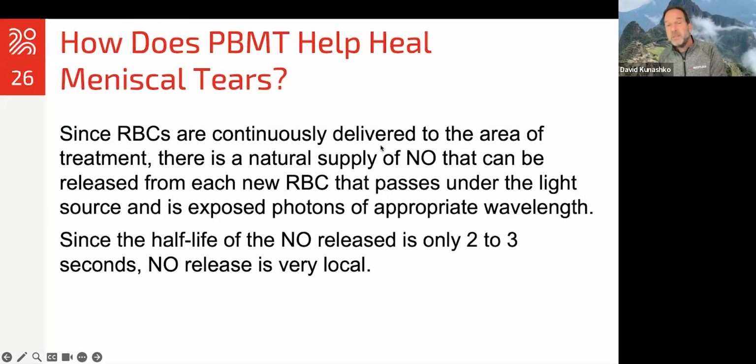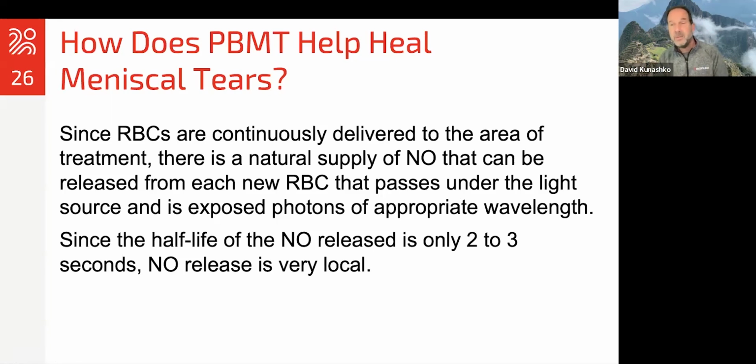Since red blood cells are continuously delivering blood to an area, there's a natural supply of nitric oxide that can be released from each new red blood cell that passes under the light source and is exposed to photons of appropriate wavelengths. In other words, the longer you treat with the dual array over the area, the more nitric oxide that's going to be released, the greater the vasodilation.